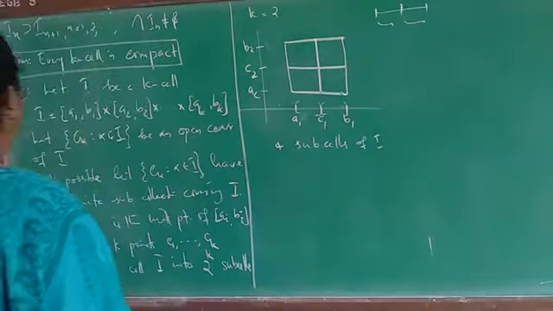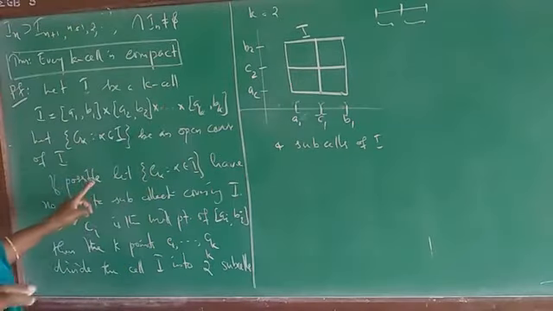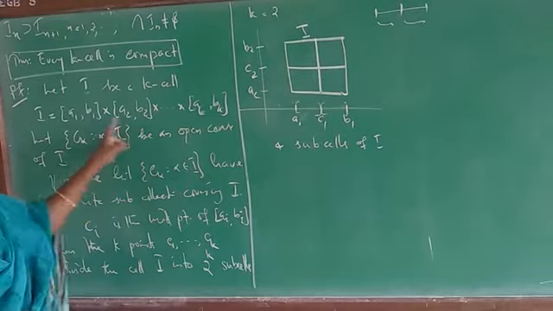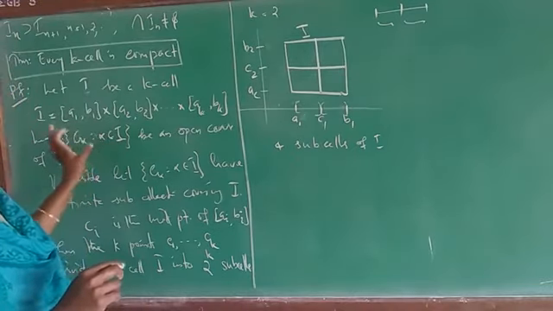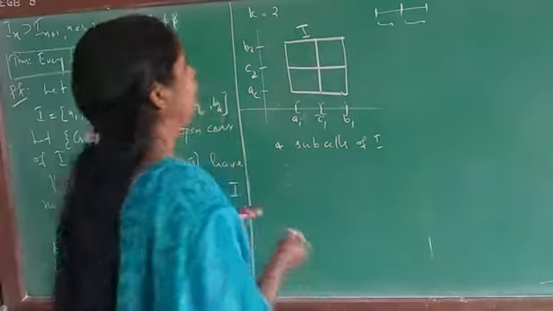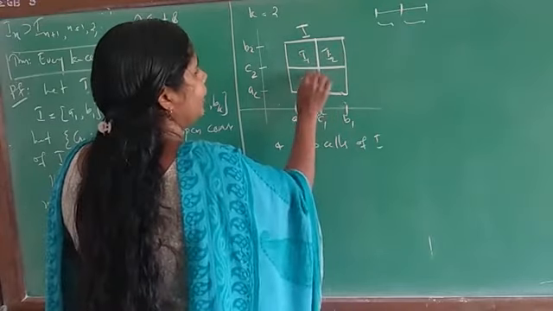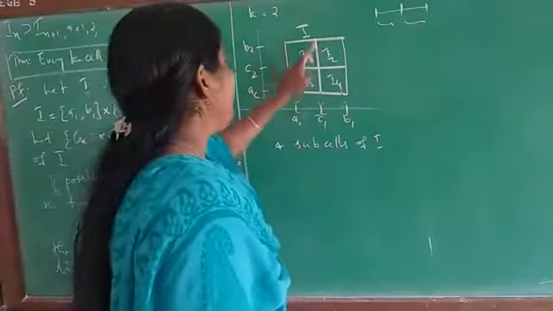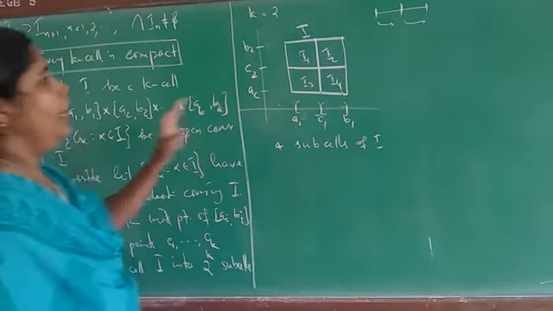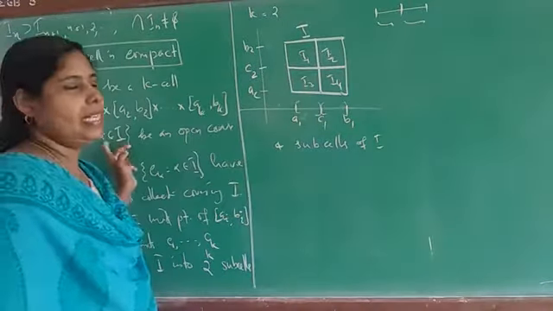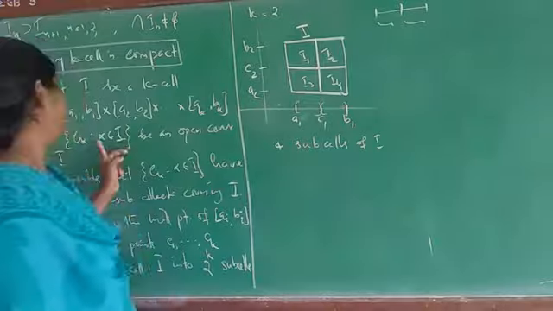Okay, so our assumption is this: the cell I is not covered by any finite subcollection of the G alphas, because this collection has no finite subcover for I. If we consider each of these subcells, I1, I2, I3 and I4, suppose each of these is covered by a finite subcollection of G alpha.